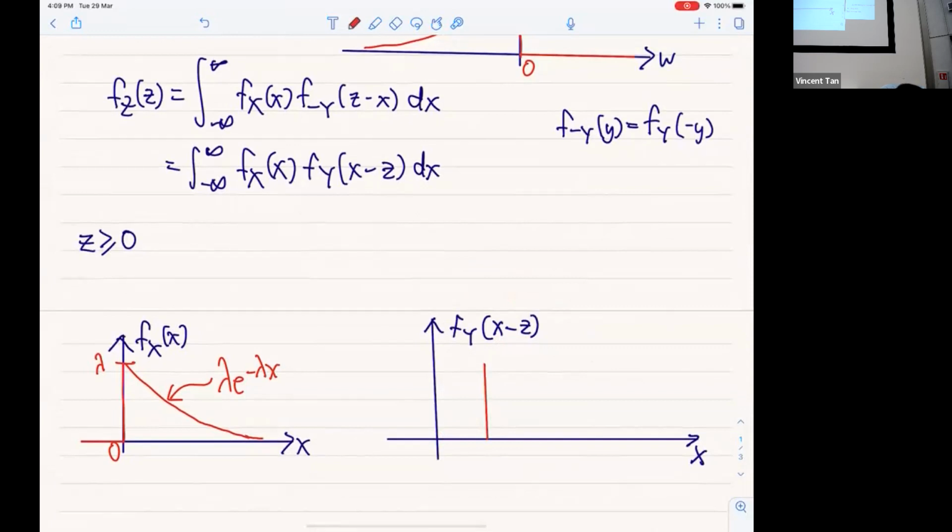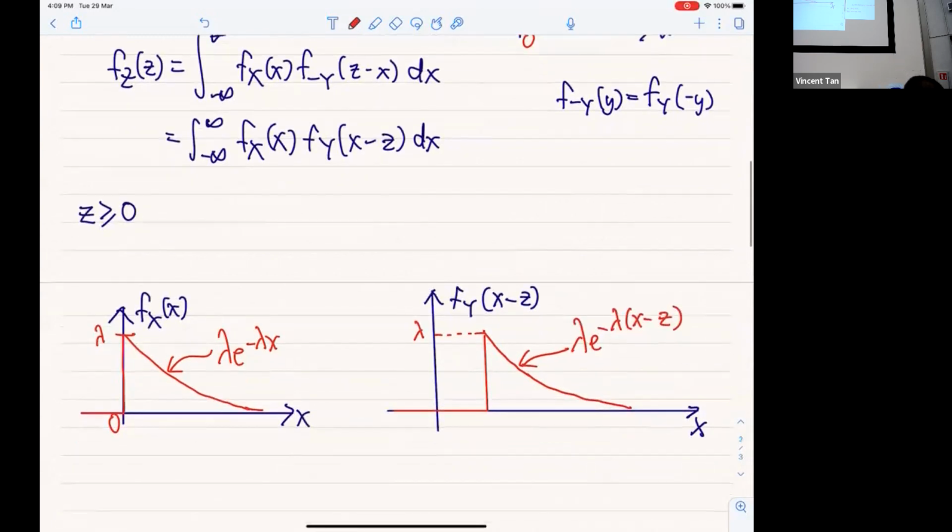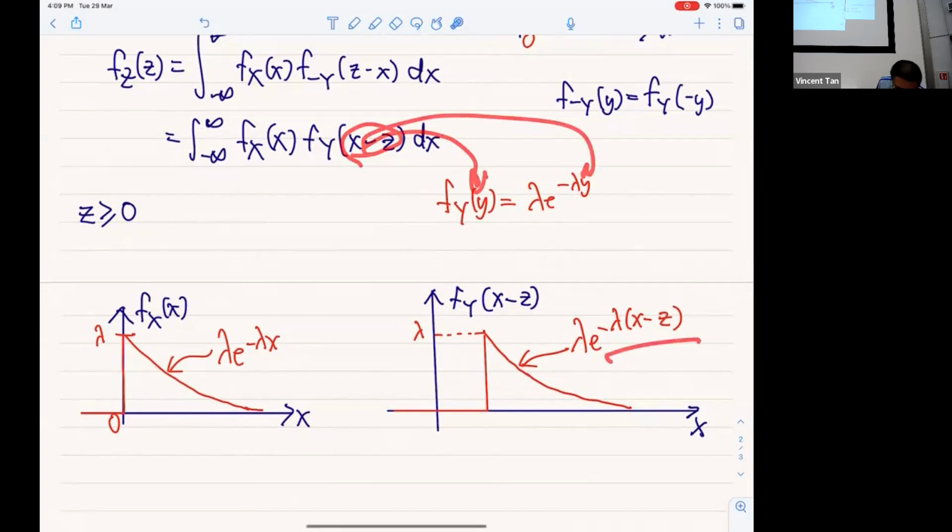So this point is lambda, and this is fixed, and this goes down like this. The equation here is lambda e to the minus lambda (x minus z). The original equation for f_Y(y) is lambda e to the minus lambda y. So when you want x minus z, you plug x minus z into here, and that's why you get this. So this point is exactly z.